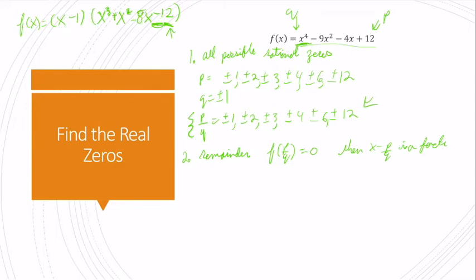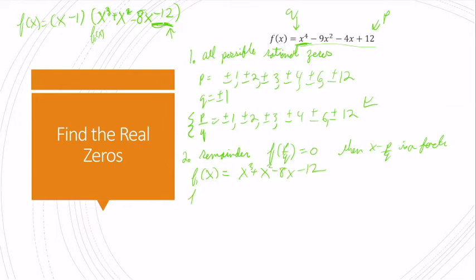This is my new f sub 1 of x, we could call it. I'm going to plug in some values into x cubed plus x squared minus 8x minus 12 in order to hopefully find a factor.